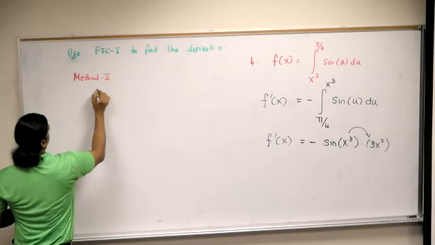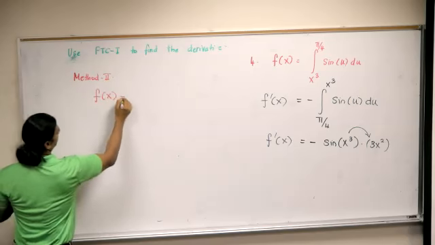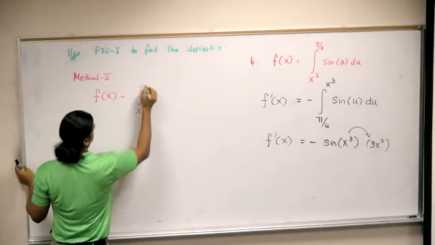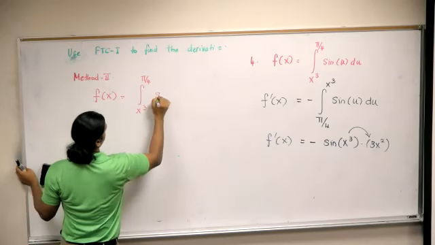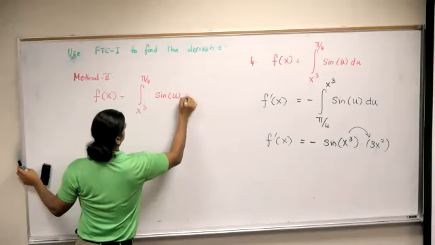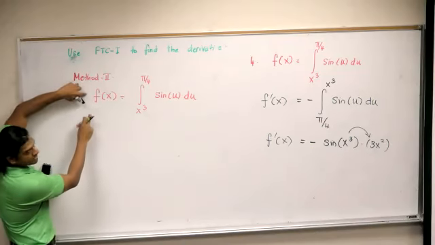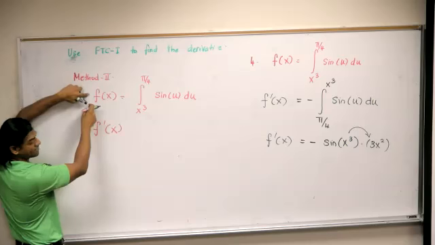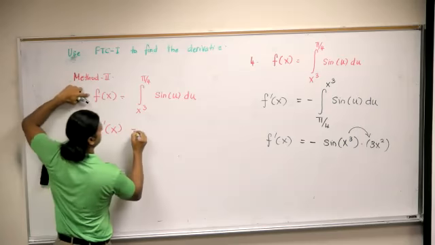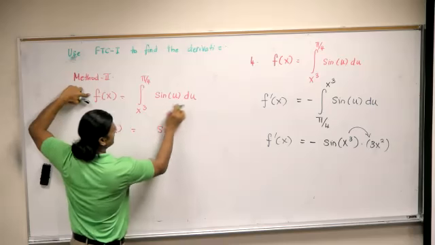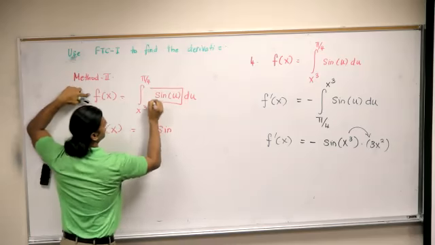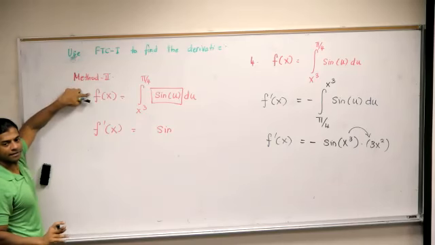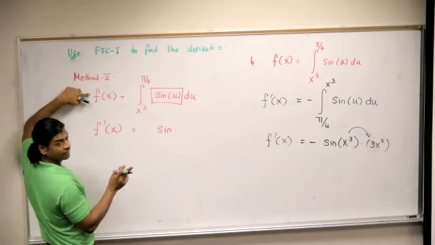Okay. So if f of x is equal to the integral from x cubed to pi over 4 of sine u du, the derivative of the antiderivative is simply the function that's inside the integral, correct?